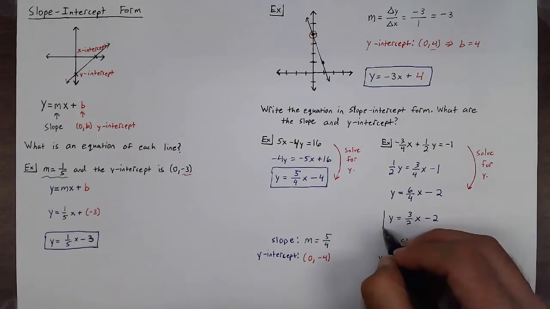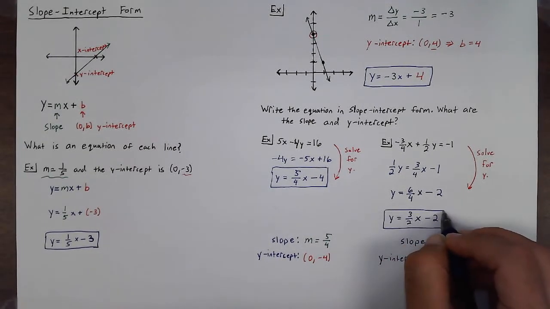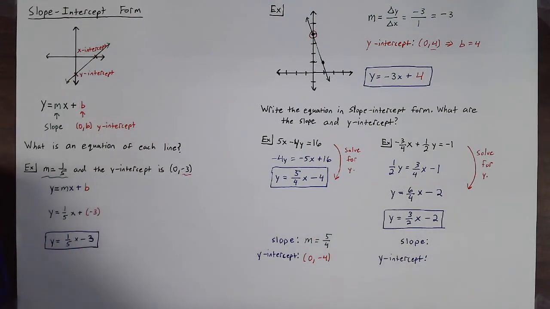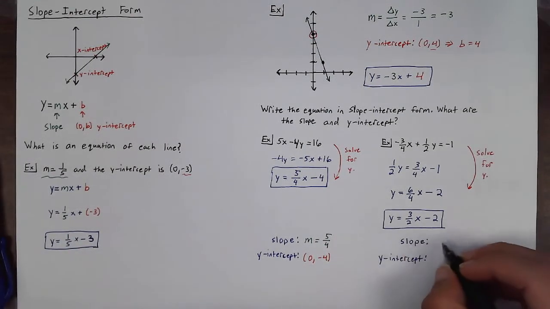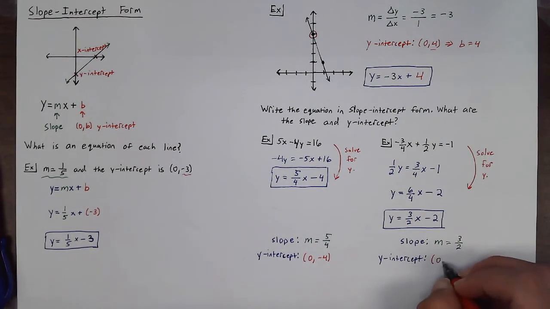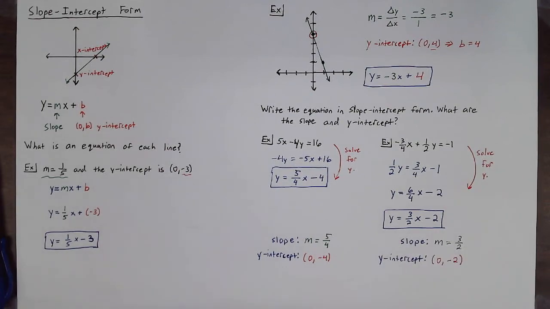And there's my slope-intercept form. From here, I can see that the slope is going to be 3/2, since that's the coefficient of x. And my y-intercept is going to be (0, -2), since I'm subtracting 2 where the plus b would be.